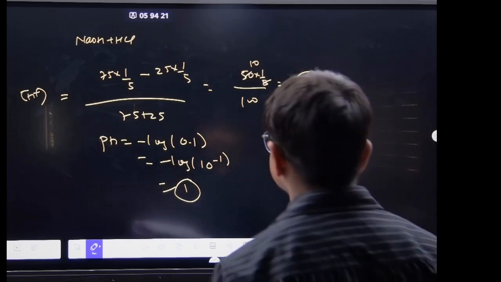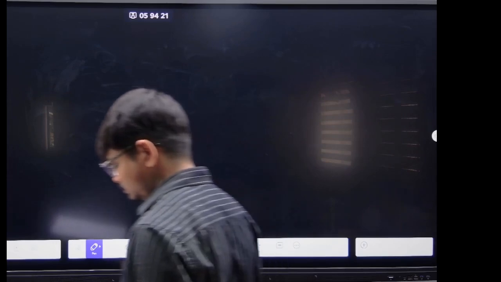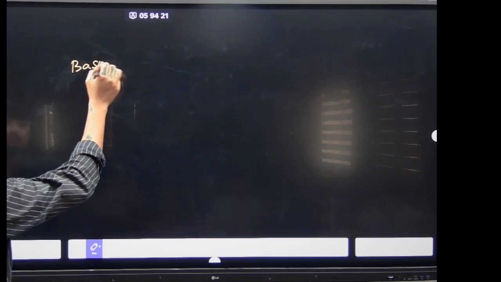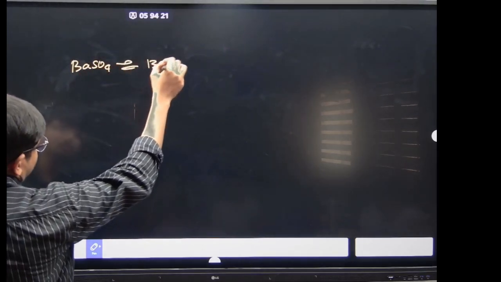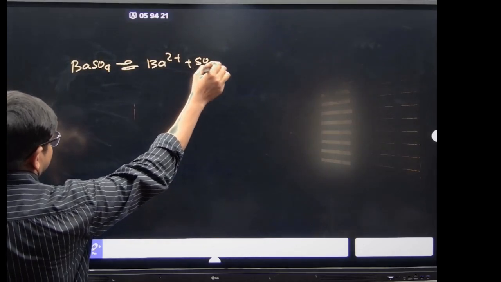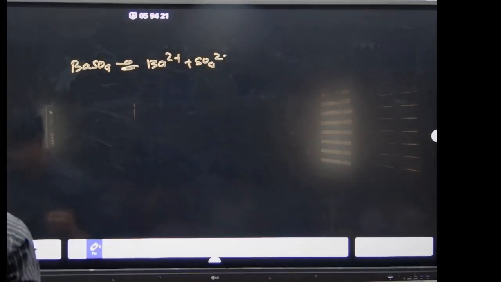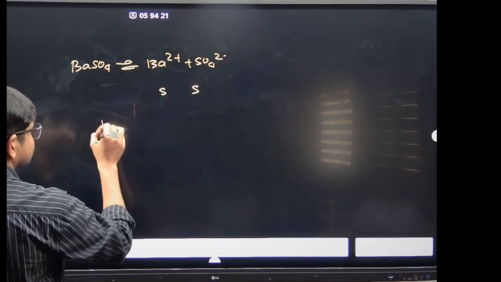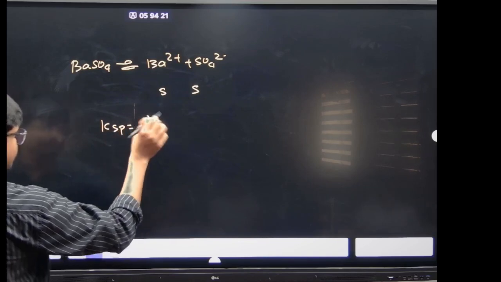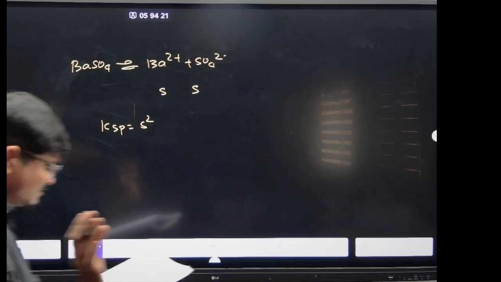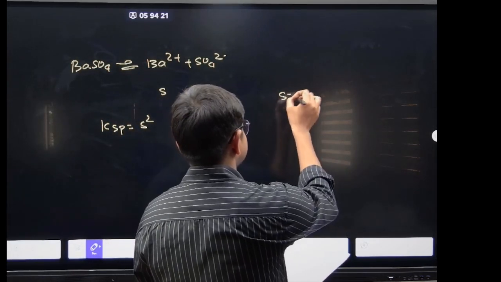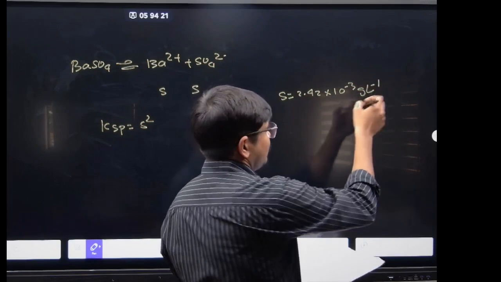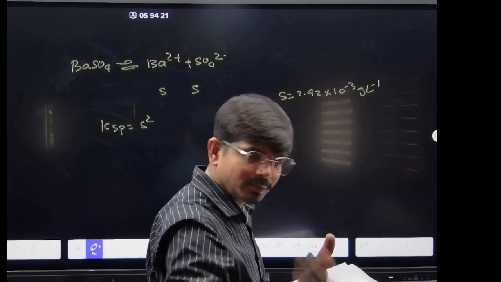So see, S is given as, but to convert gram into moles, you have to divide by molar mass.